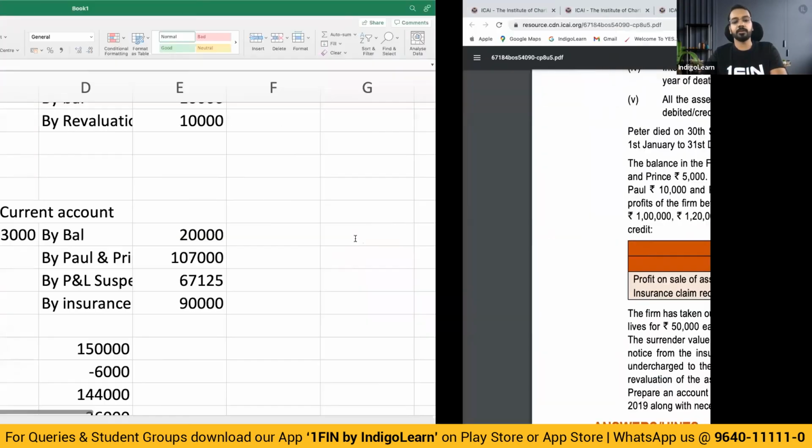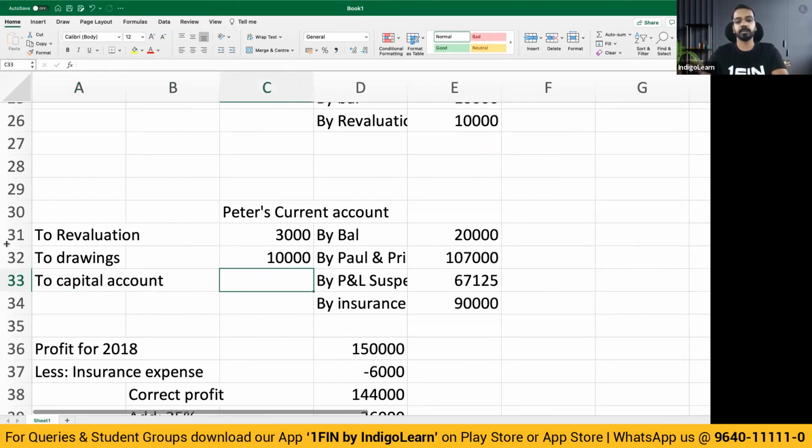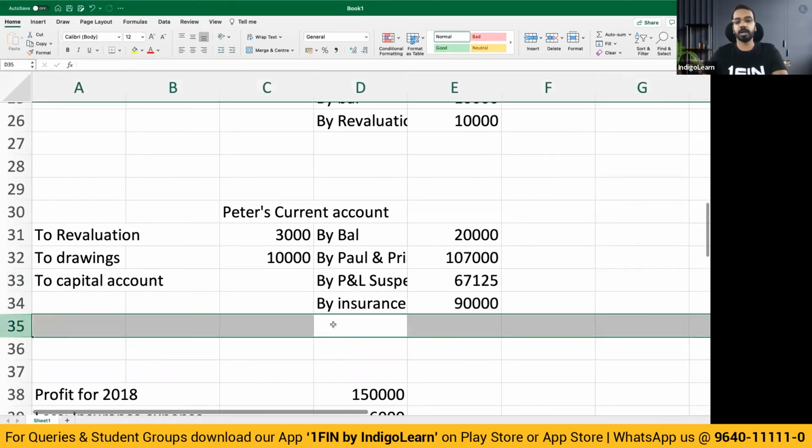Drawings of Peter were 10,000. So to drawings, 10,000. Okay. Now whatever is the balance will be transferred to the capital account. So to capital account. Now you can do the total here.